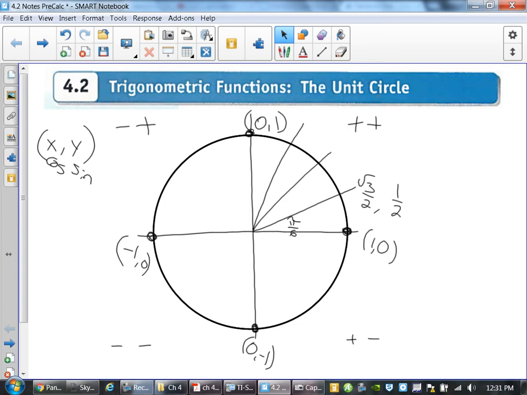Too slow. Let's make sure we're at the same spot. We'll miss you. We go to the next one. Go back to the triangle.